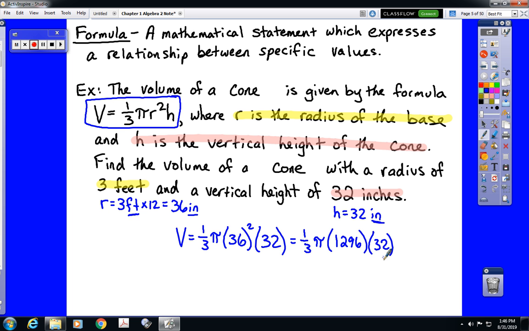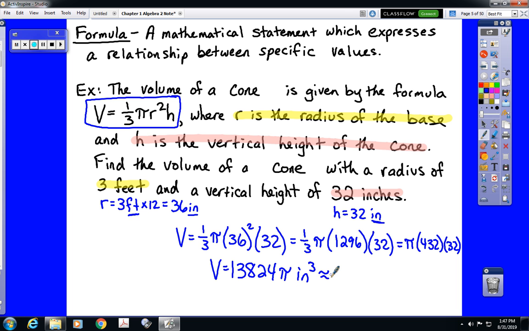Now from there we're multiplying, so we'll do 1/3 times 1296, which is 432. Notice I'm leaving the pi alone because I'm going to try to give an exact value. And then 432 times 32 gives us a volume of 13,824 pi cubic inches.